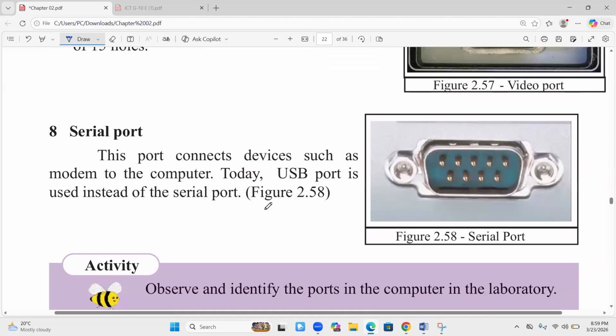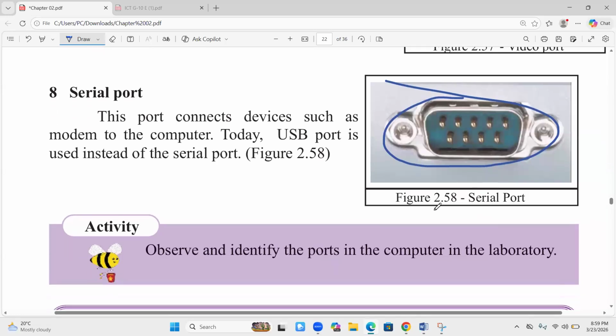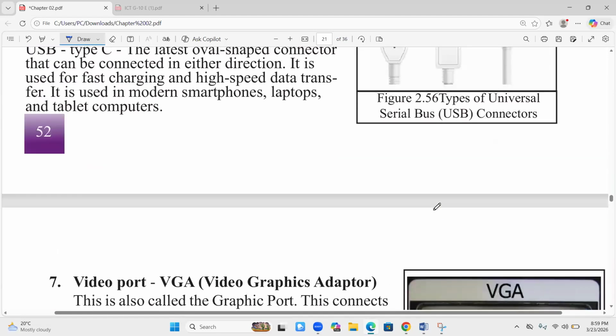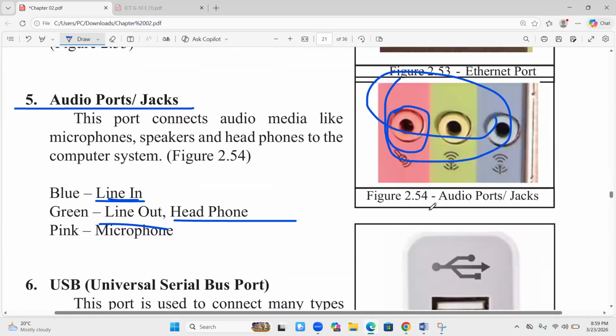In early days, they used to connect modems by using this serial port, but nowadays the USB port is there. So these are the most important computer ports.